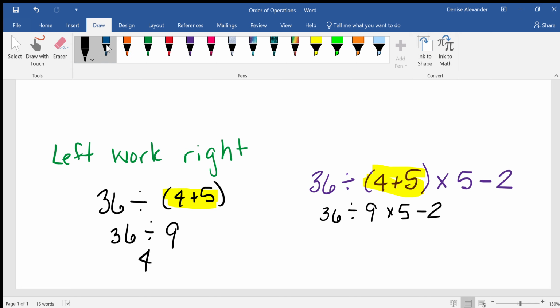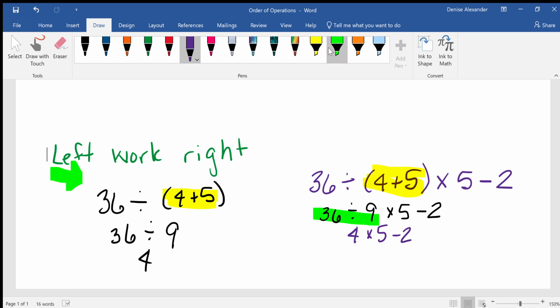Now, we need to look at step 2. Now, remember, we work left to right. So I'm going to highlight the first problem I see. It's 36 divided by 9. Now, if this wasn't a division or multiplication, I'd stop and go to the next one. So now I'm going to look at that, and I'm going to go 4 times 5, subtract 2.